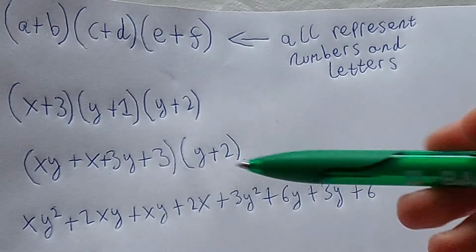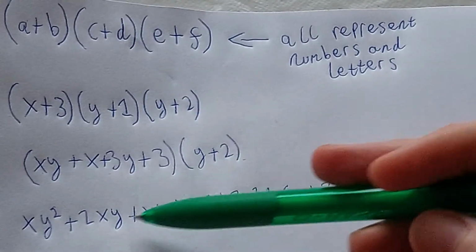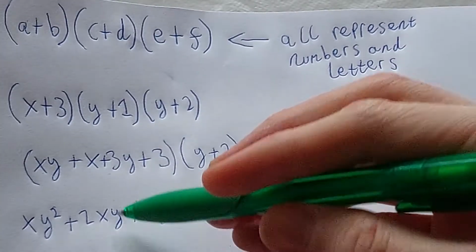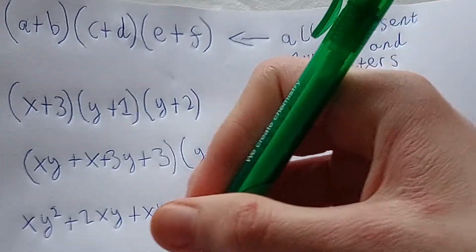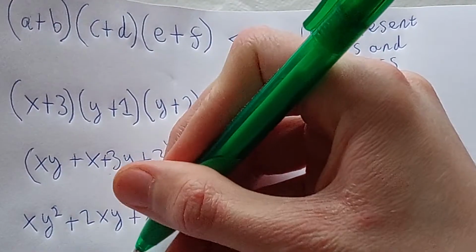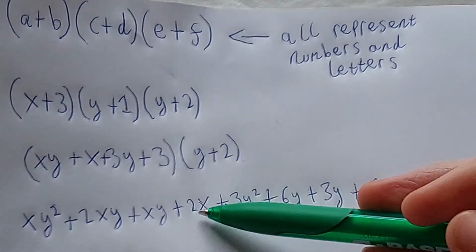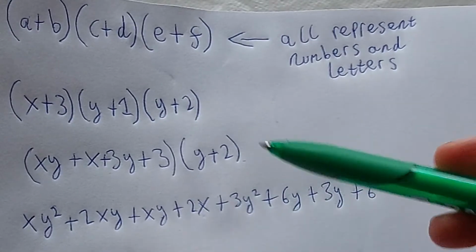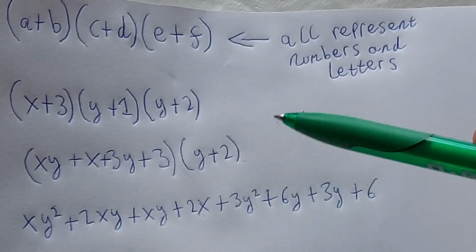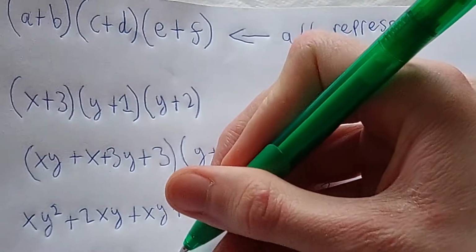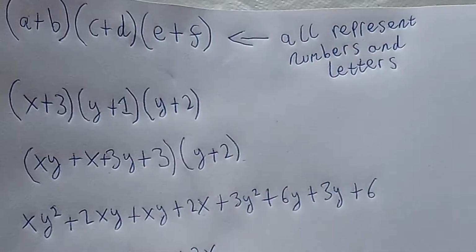And then we look at the next character, the one with xy, and there's 2 with xy, so we just add them. So it's 3xy. And then we look at the next character and we see that there's 2x and there's nothing similar to it, so we just write 2x.